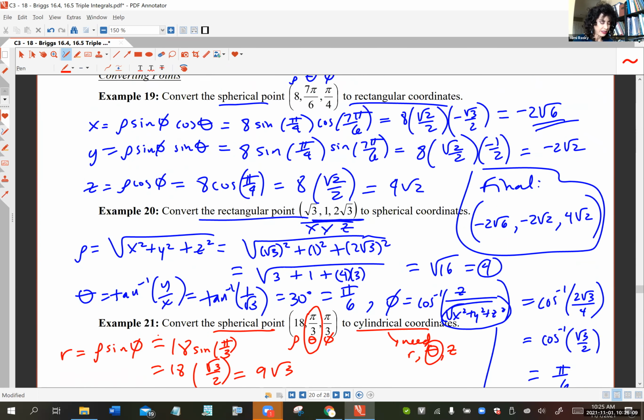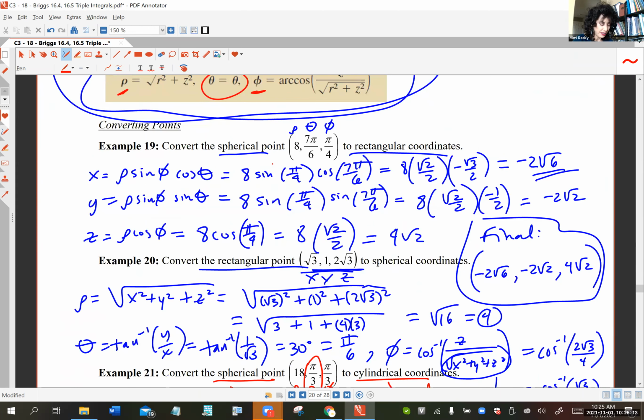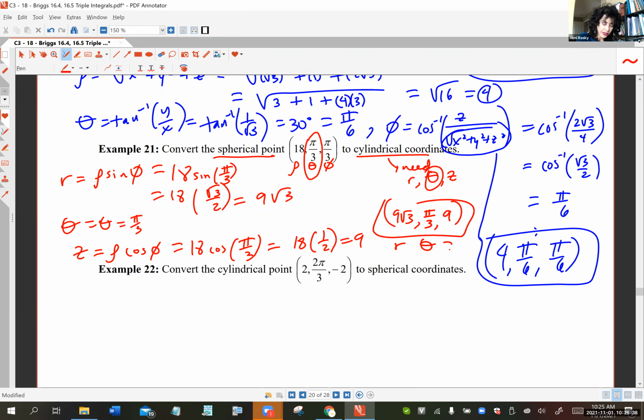So if you look here, the z here is rho cos phi. So you're like, okay, 18 cosine pi thirds, and that's 18 times a half, which is 9. And so your final answer for this example is the ordered triple 9 square root of 3, comma, pi thirds, comma, 9. Here's your r, your theta, and your z.